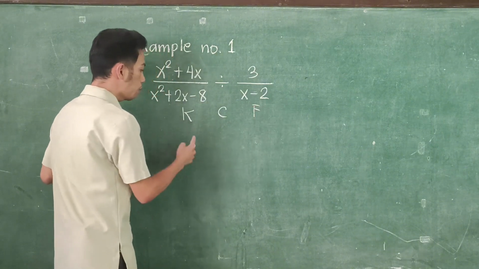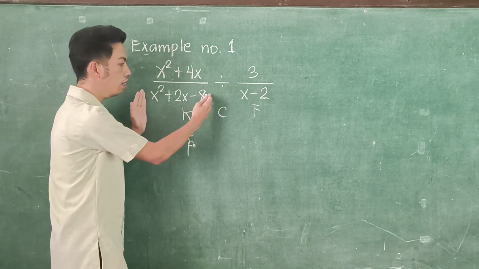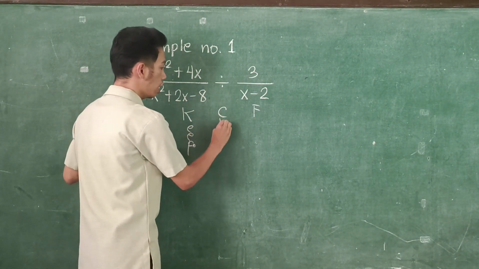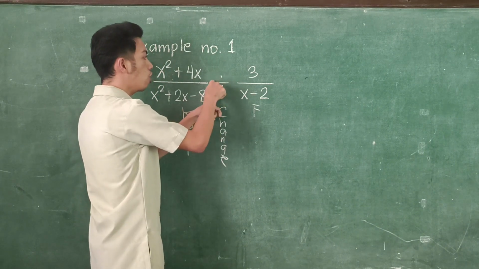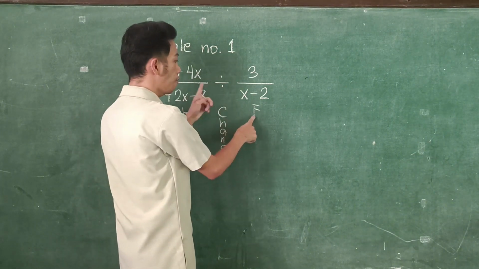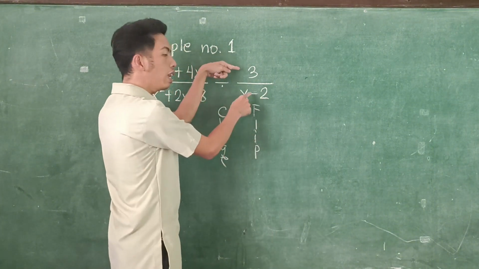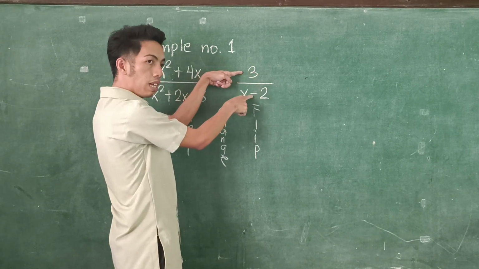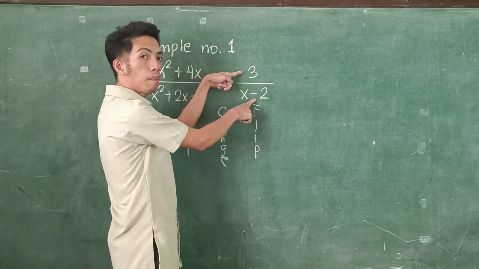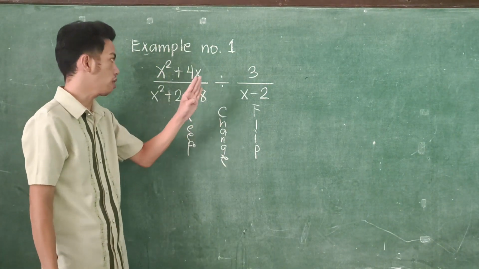KCF. When we say K, you will keep this expression. C means change the operation into multiplication, and F means flip. So in this case, we need to flip the numerator and denominator. The numerator will become the denominator and the denominator will become the numerator. So let's do the KCF process.